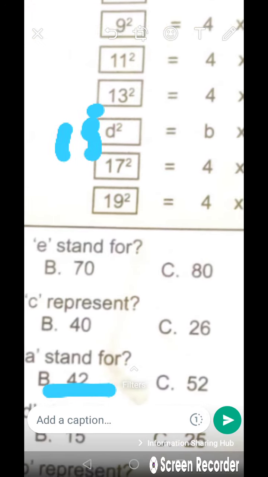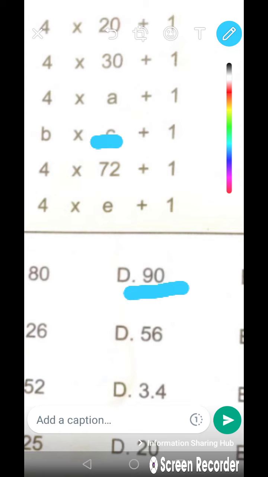Now we are going to add 12 to 30 to get 42 for A. Then we're going to add 14 to A to get C. 14 plus that, we're going to have 56. So C is 56. So what does C represent? It is 56. So our answer is 56.